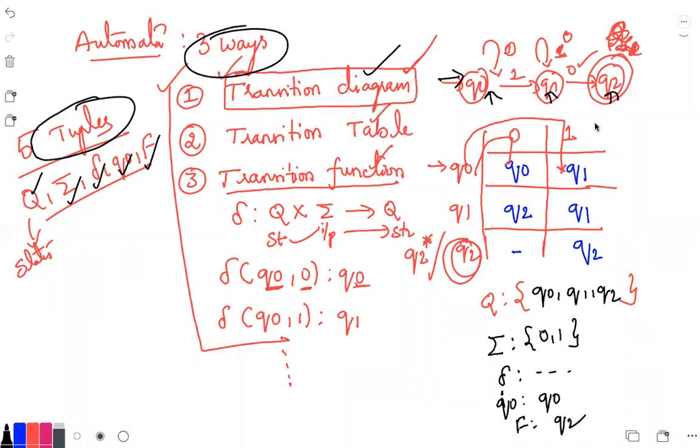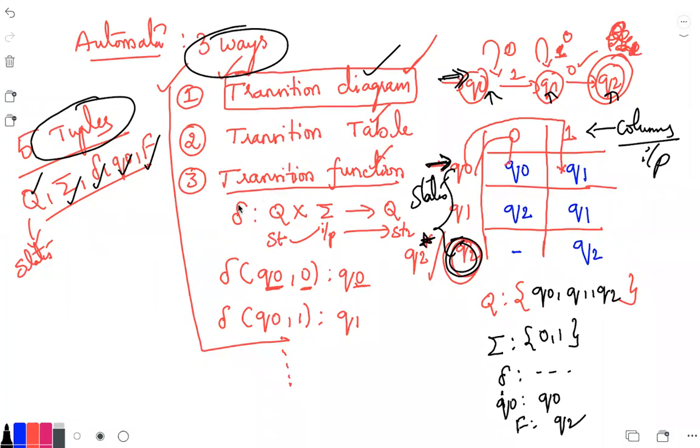In the transition table, for columns you take inputs, and for rows you take states. Here also, always remember, the initial state should be represented with an arrow, and you can use 2 circles or an asterisk for the final state, just to distinguish it from the other states.